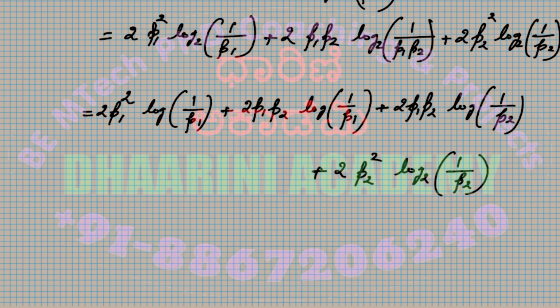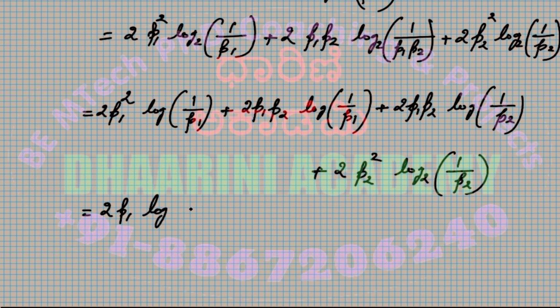Okay, now 2 P1 P2, can I try to take something common so that we can try to write a common term? Okay, so from the first, let me take out 2p1 outside. 2p1 times log of 1 by p1, I'll try to take it.